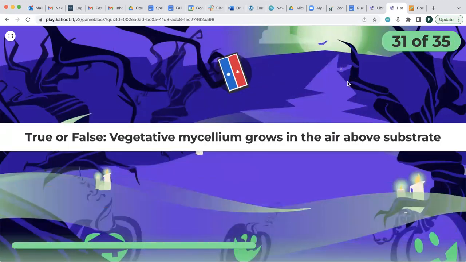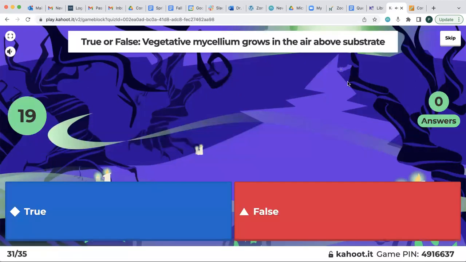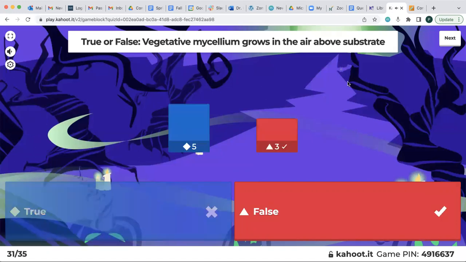True or false? Vegetative mycelium grows in the air above the substrate. Yep, it is false. Sorry, I'm blanking on the other name.